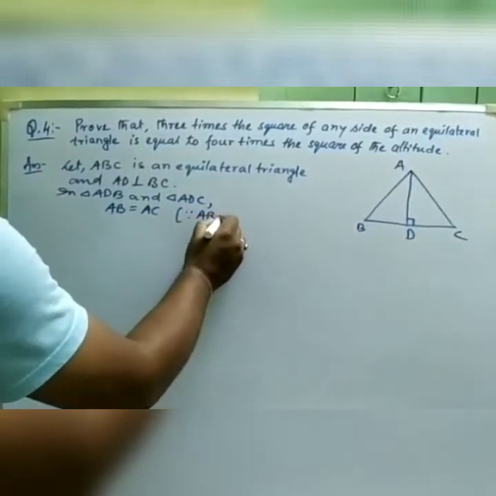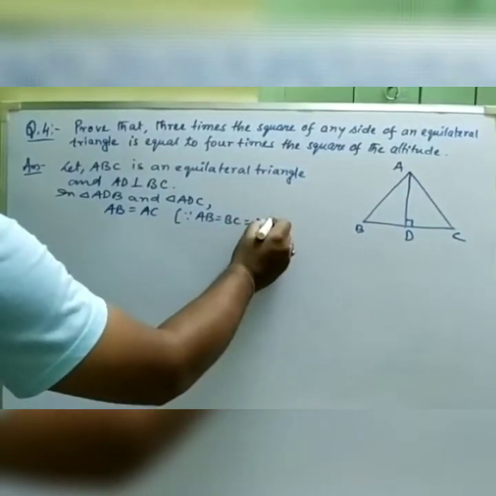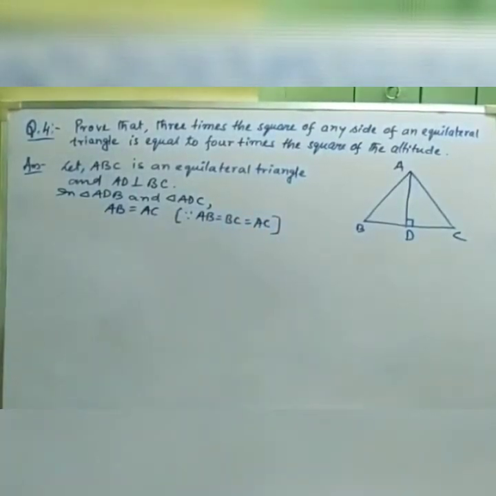So we can write AB equals BC equals AC, because all three sides are equal. So we got both hypotenuse parts equal.